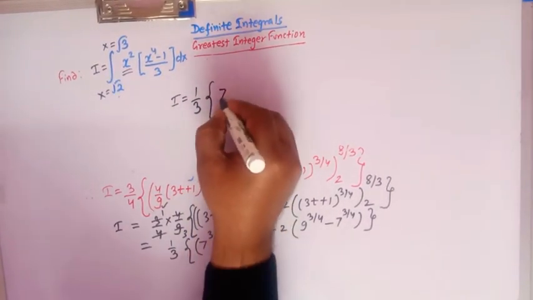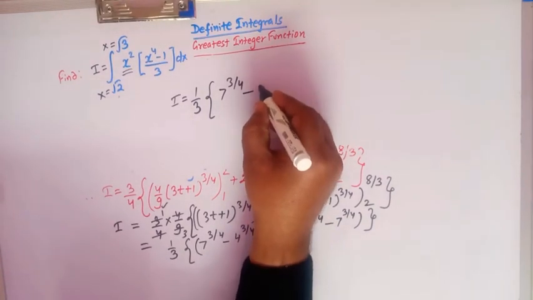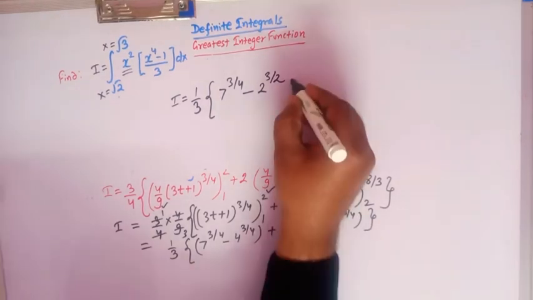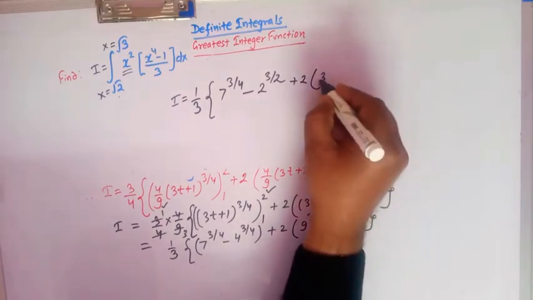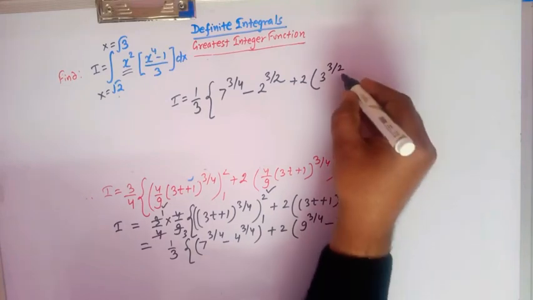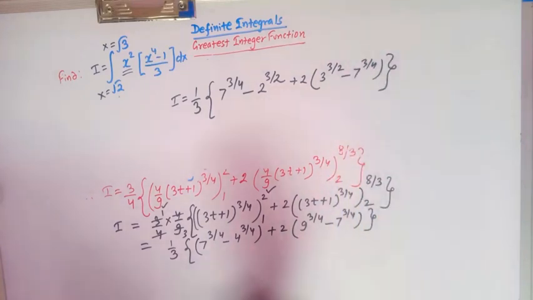We have 7 raised to 3 over 4 minus 4 raised to 3 over 4 is 2 raised to 3 over 2, and here we have 2 times 9 raised to 3 over 4 is 3 raised to 3 over 2, and here we have 7 raised to 3 over 4, right?